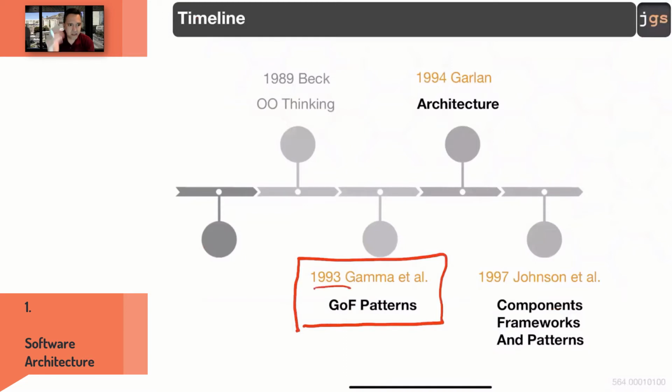Every single pattern that we reviewed comes from '93, from the book. That one is just four years after we started talking about this object-oriented thinking. From classes to sets of classes.